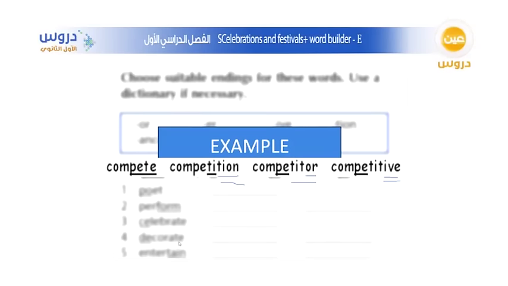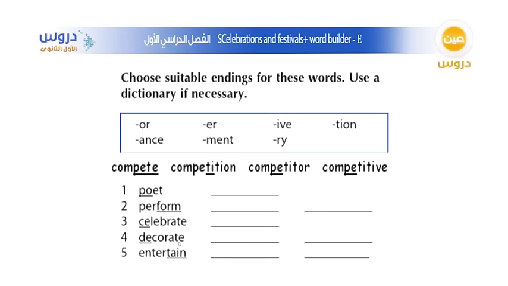I think this could be new to you, but anyway, you could learn it: endings, suffixes. It's interesting. Actually, you have to build words using these endings or suffixes. Now, choose suitable suffixes for these words.